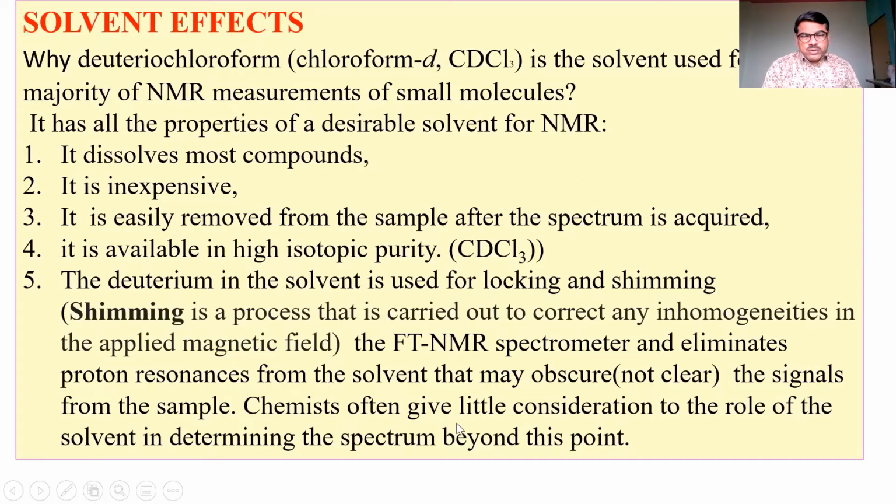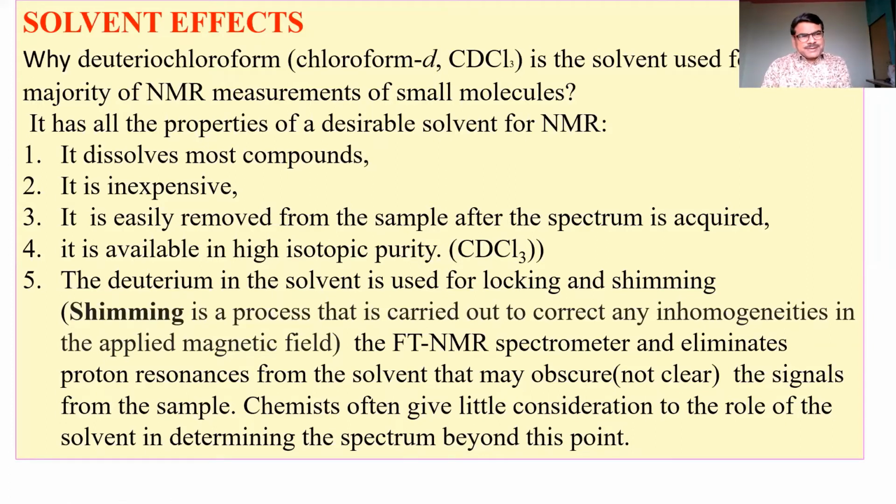Chemists often give little consideration to the role of the solvent in determining the spectrum. Therefore, we should know the properties of deuterium, because when you try to take the spectra of any organic compound, especially NMR spectra, you have to consider the solvent.